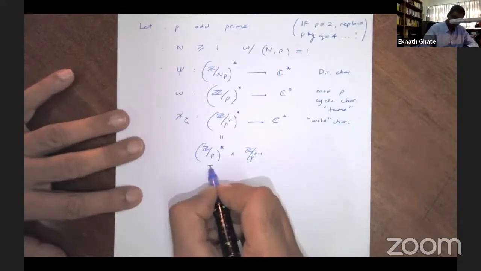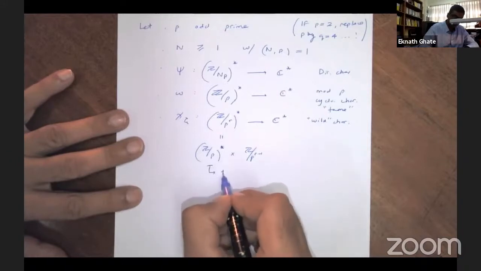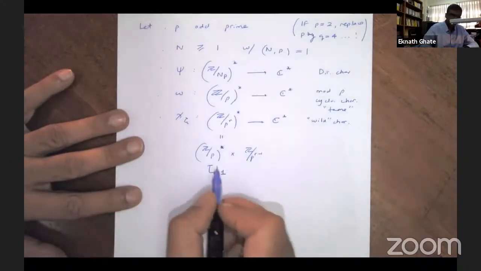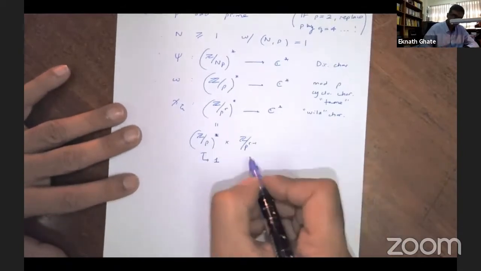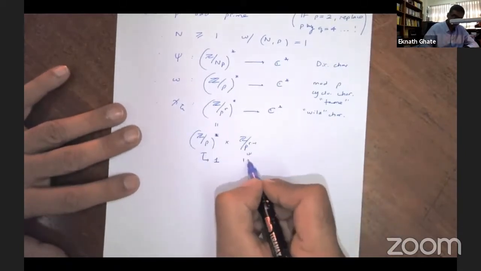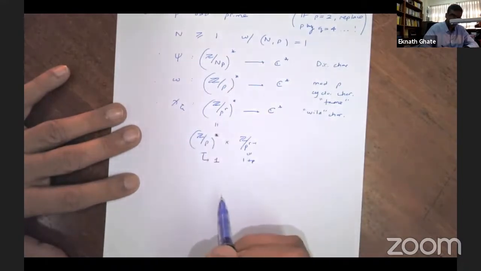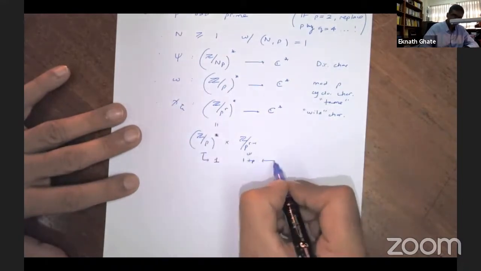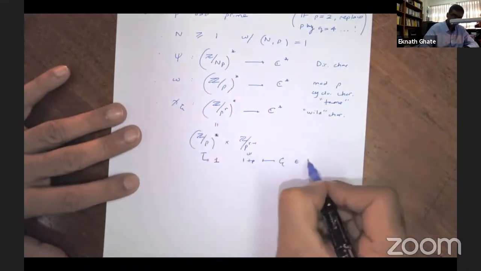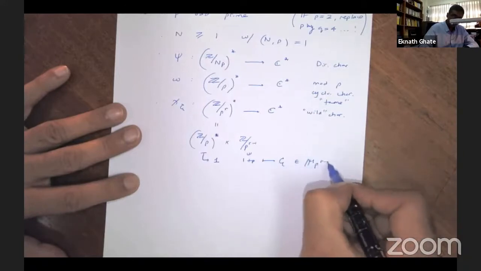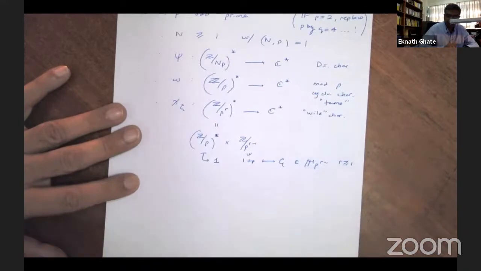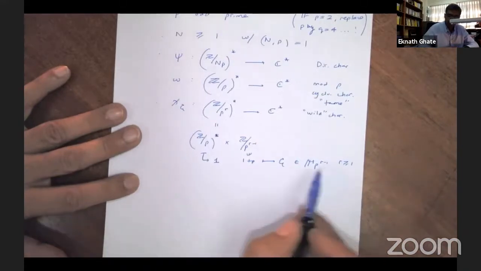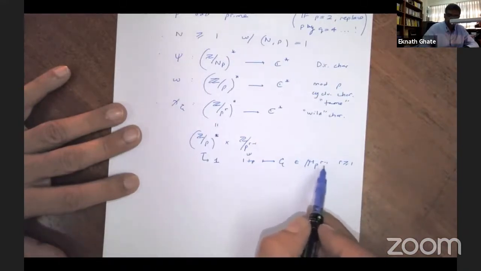So on the tame part, you just make it act trivially. It's the trivial character on the tame part. But on the wild part, here 1 plus p is a generator. On the wild part, you map it to zeta, which is a p-power root of unity. And I take it this way. I let r be greater than or equal to 1, and I write p^(r-1). So it's appropriate to do this because you see there's an r minus 1 here and r here.